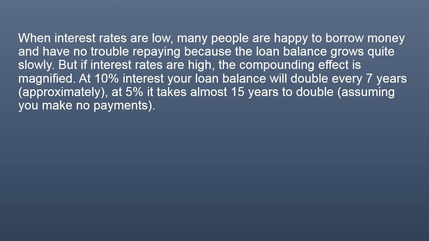But if interest rates are high, the compounding effect is magnified. At 10% interest, your loan balance will double every 7 years approximately. At 5%, it takes almost 15 years to double, assuming you make no payment.